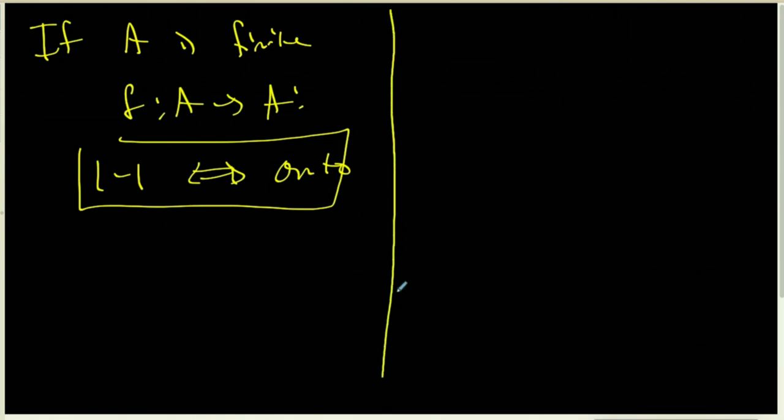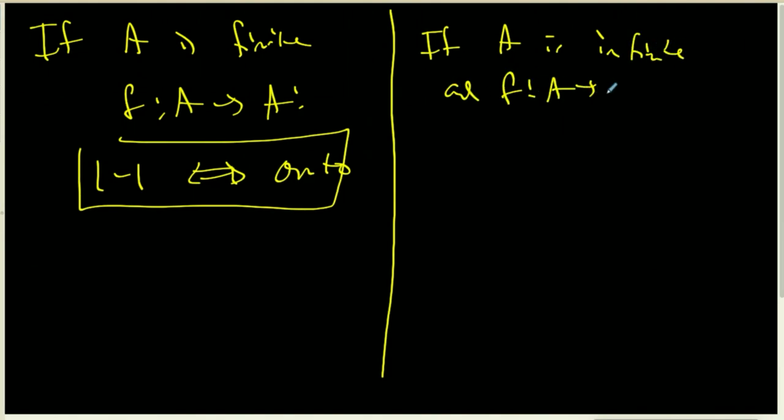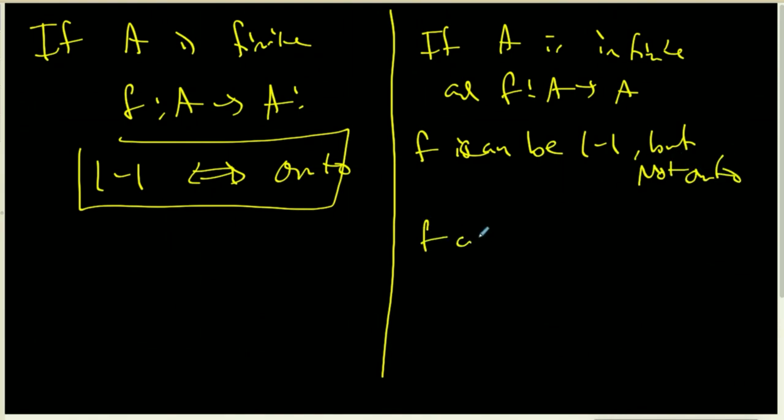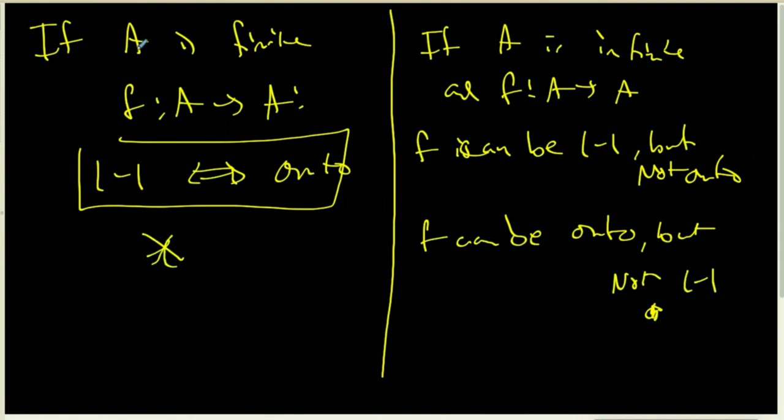It is important to realize that if A is infinite and f goes from A to A, it is quite possible for f to be one-to-one but not onto, and f can be onto but not one-to-one. And so it's important to realize that this hypothesis is critically important, but this is a very important theorem about how functions behave.